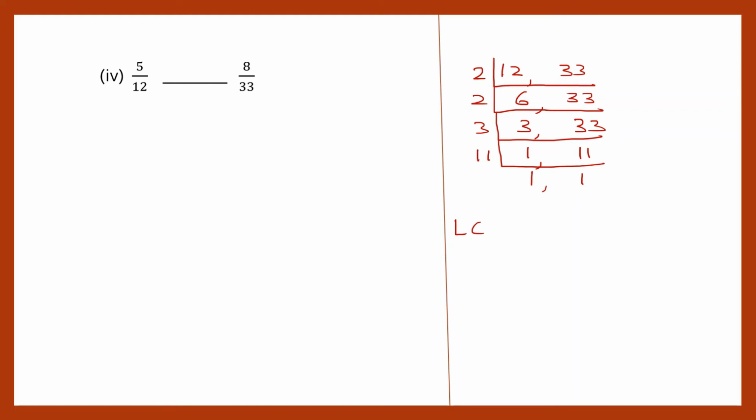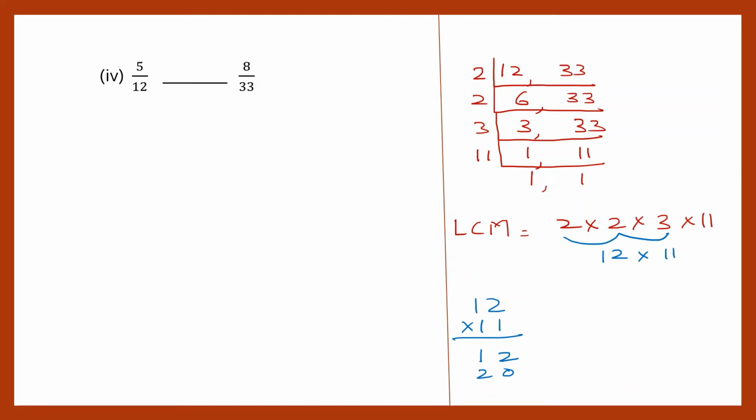Now let's find the LCM. 2 into 2 into 3 into 11. 2 twos are 4, 4 threes are 12. 12 into 11. So let's multiply that. We get 132. So LCM is 132.